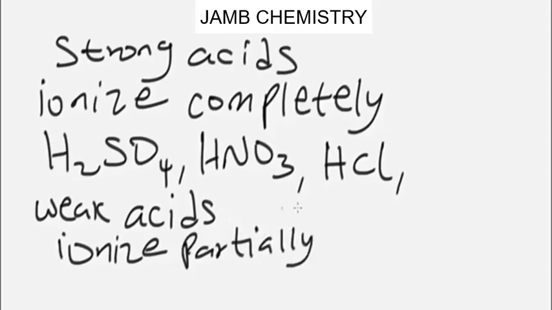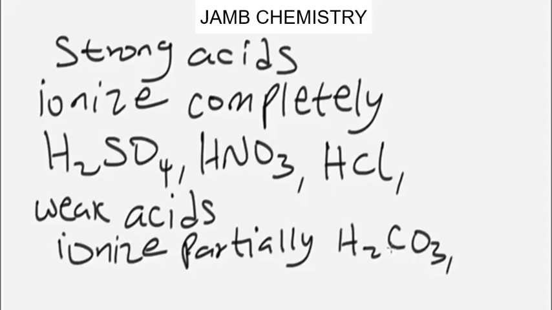Common examples of weak acids you have to know include carbonic acid, which I can call either carbonic acid or trioxocarbonate 4 acid. So this is an example of a weak acid.